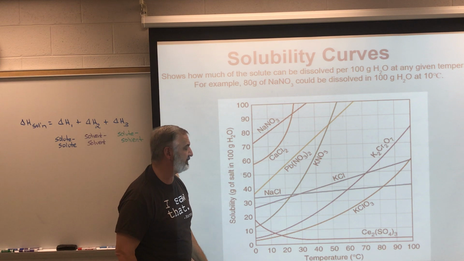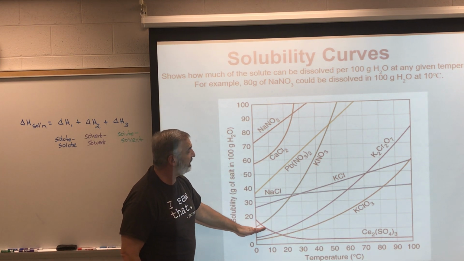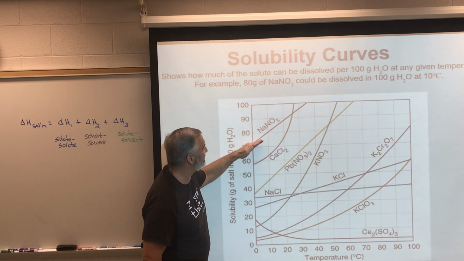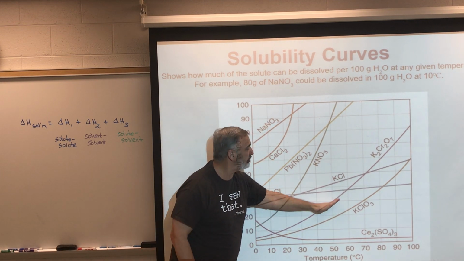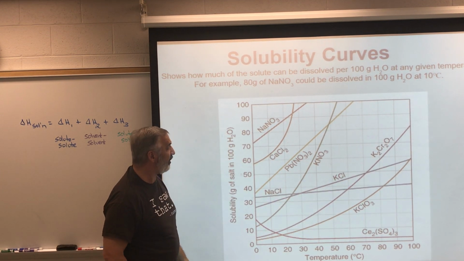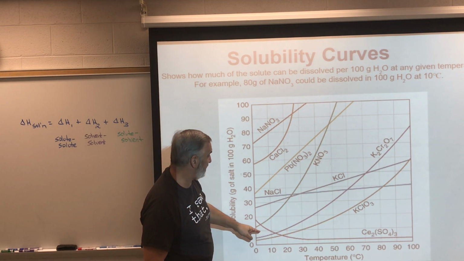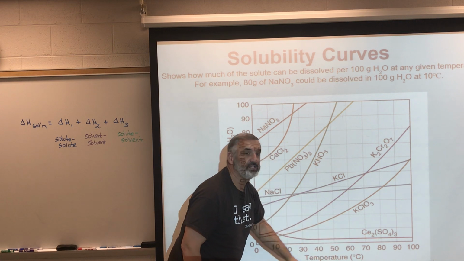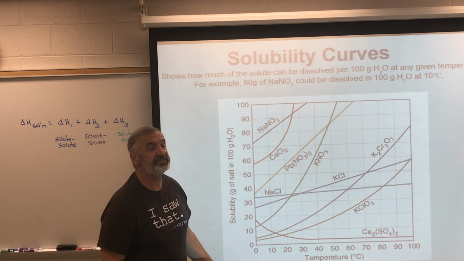Hopefully you can see that temperature. Okay? You can see that most things have a positive slope. Most things increase in solubility as you increase the temperature. There are a few exceptions. Here's one right here, the cerium sulfate. It just decreases, and so its solubility actually goes down.